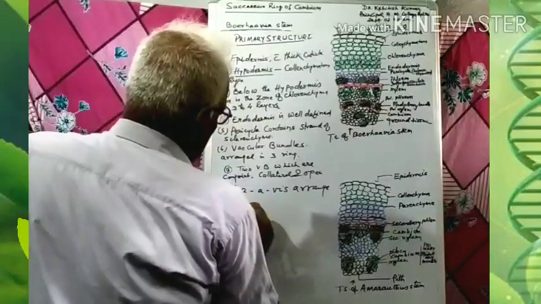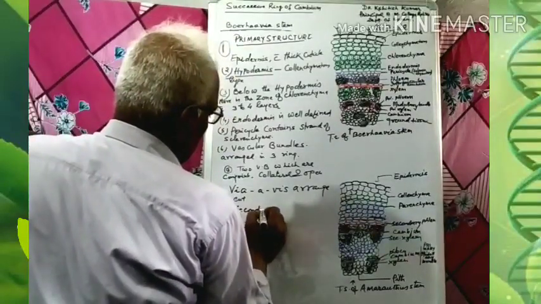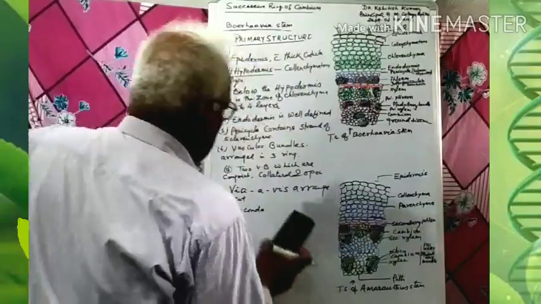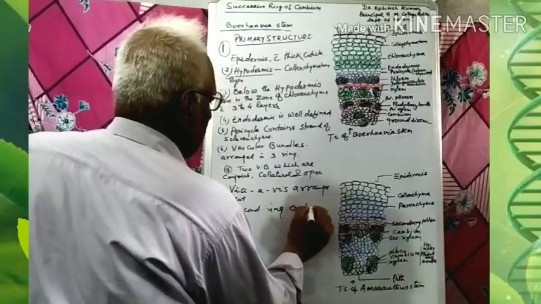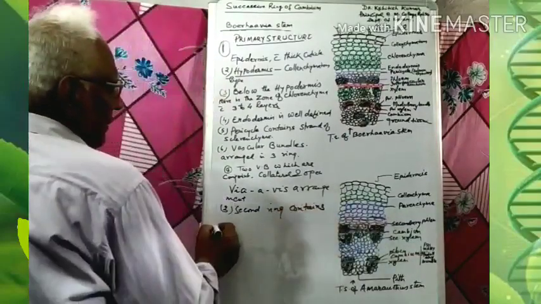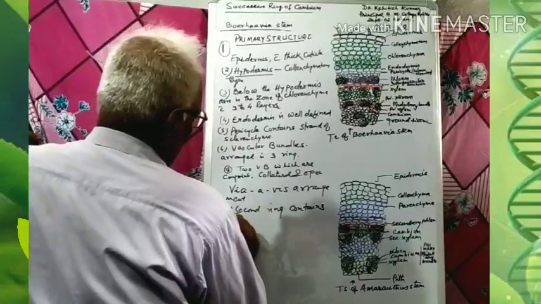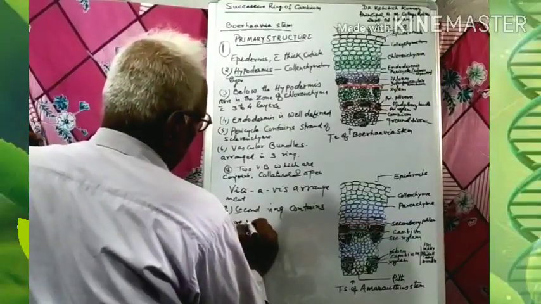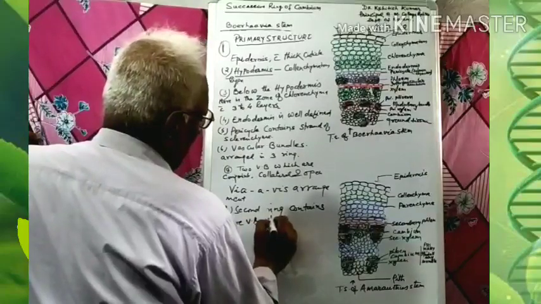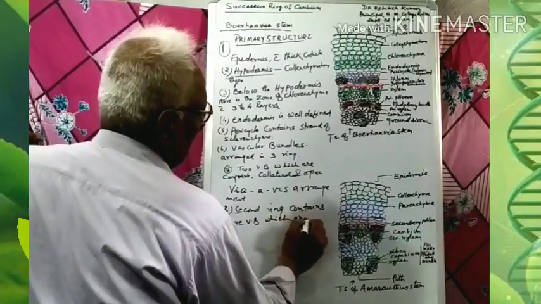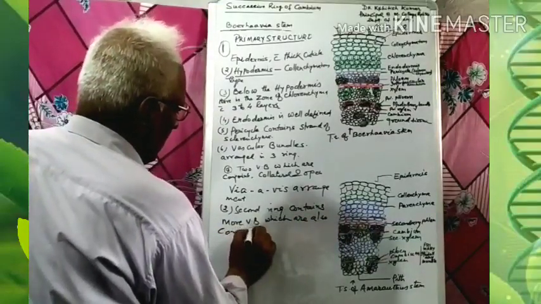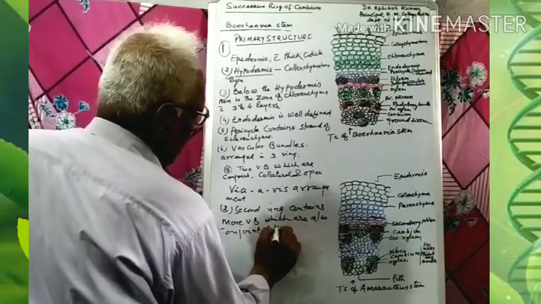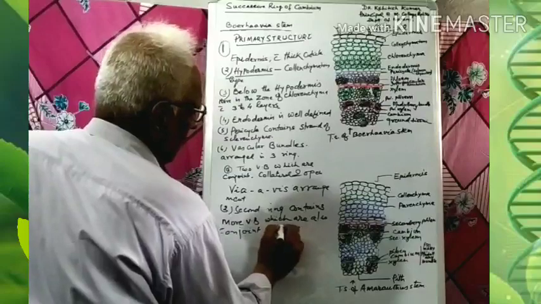The second ring contains more vascular bundles, which are also conjoint, collateral and open.